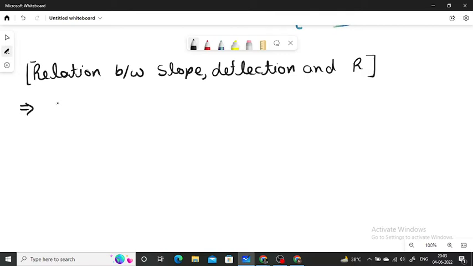Okay, the relation between slope, deflection and radius of curvature is: let the radius of curvature of a beam is r.